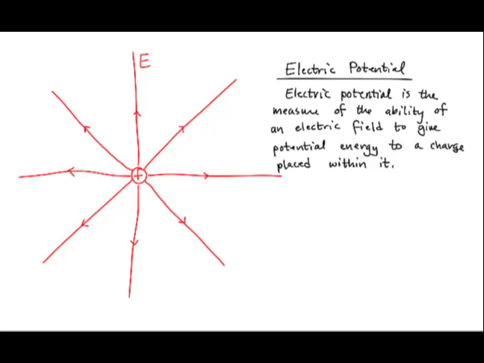And how we measure that is by saying that electric potential, we use the variable capital V to represent electric potential, and we will define electric potential as electric potential energy per unit charge.